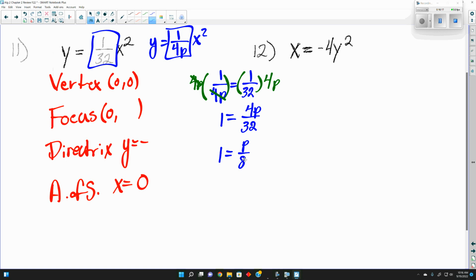Now at this point here, we could divide both sides by 1/8 to get to the answer, or we can multiply both sides by 8, because here the 8 and 8 would cancel out, telling us p is equal to 8.